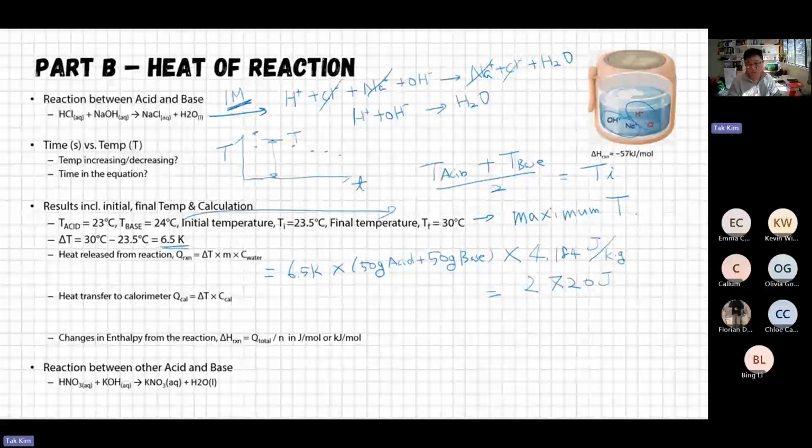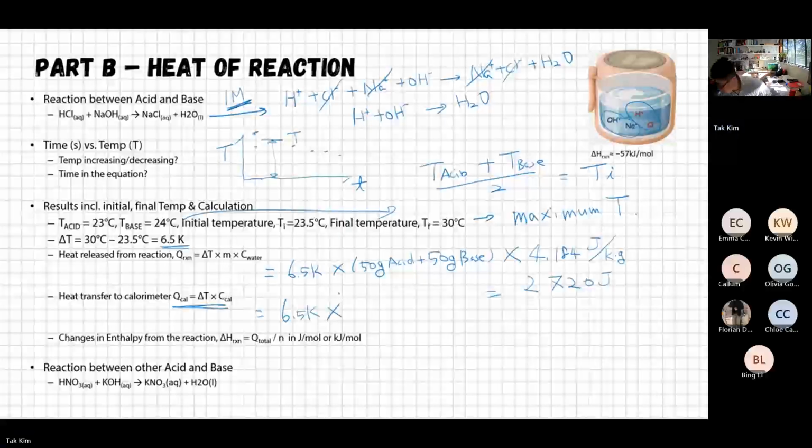And as I mentioned in the beginning, some of the heat will go directly to the calorimeter, so we need to account for the heat loss to the calorimeter. This is the way we calculate the heat, based on the previous calculation and the temperature change in part B, where 6.5 K is the temperature change.